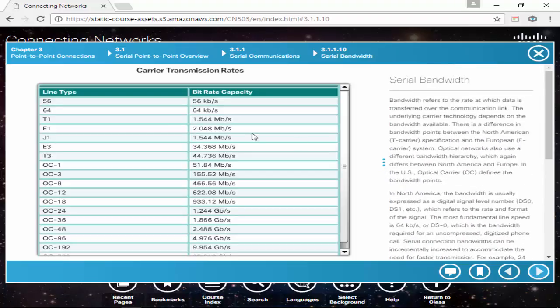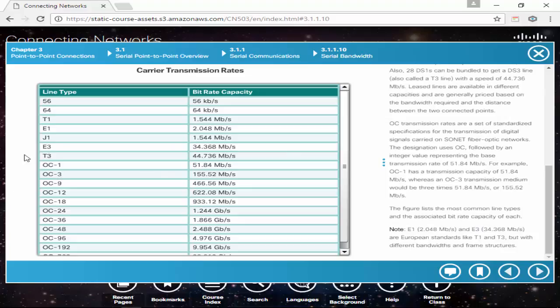So, serial bandwidth speeds. Here you go. Let's list the different speeds. These ones right after this are all optical, so they're not serial. They're not coming in through copper, right? They're coming in through fiber, and they're SONET, so I don't consider them serial.